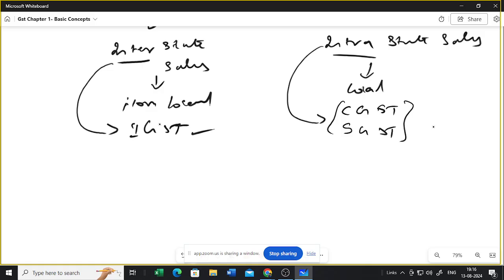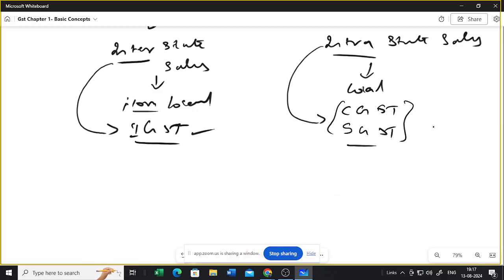Clear or not? So by seeing the tax itself, you have to understand very clearly. The first thing you need to understand as an accountant, by seeing the tax invoice, is whether they have purchased the goods locally or from outside the state. Clear or not? So you have to be very careful about calculating the tax. If it is a non-local bill, definitely you should have IGST. If it is a local bill, you should have what? CGST and SGST.